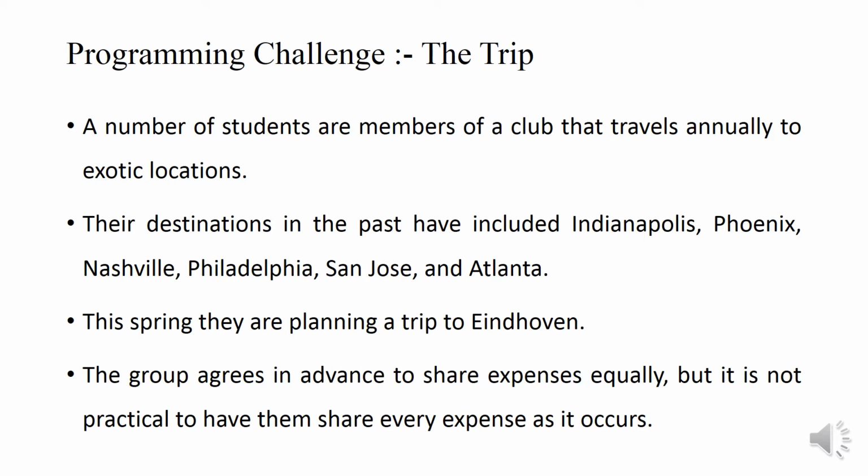After collecting all the money from every student, they have to calculate the sum, and that specific student spends that money for the students who are going for the trip.